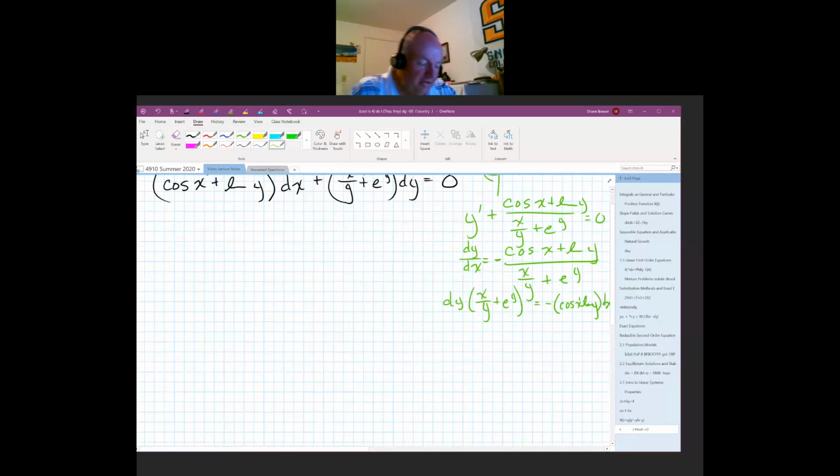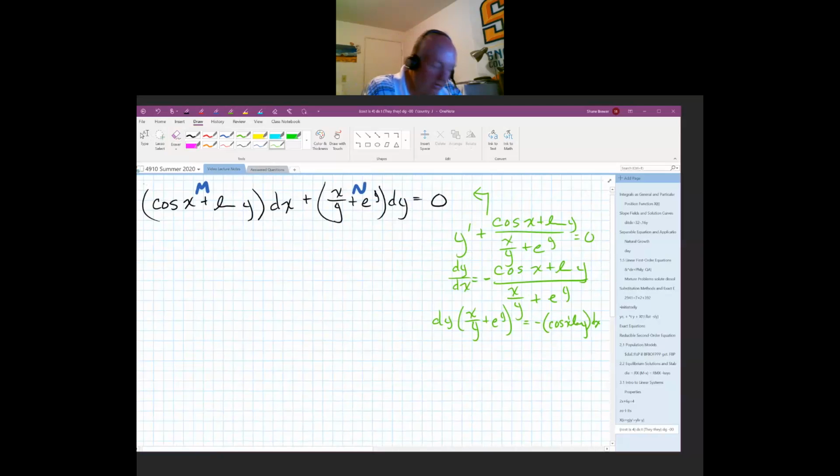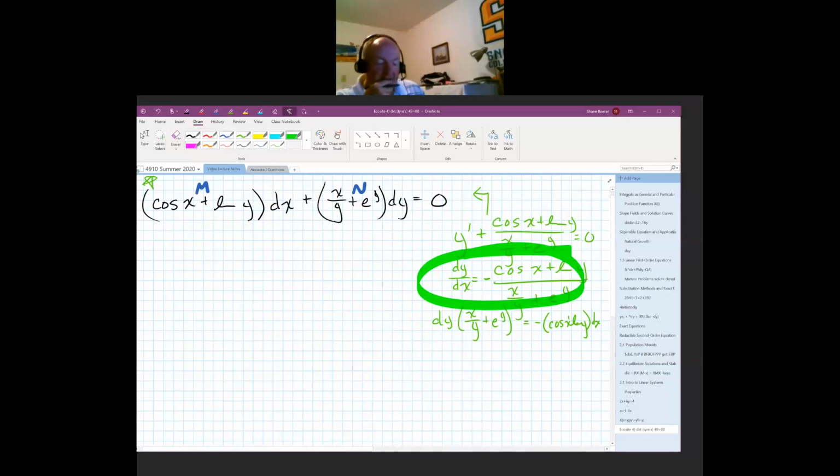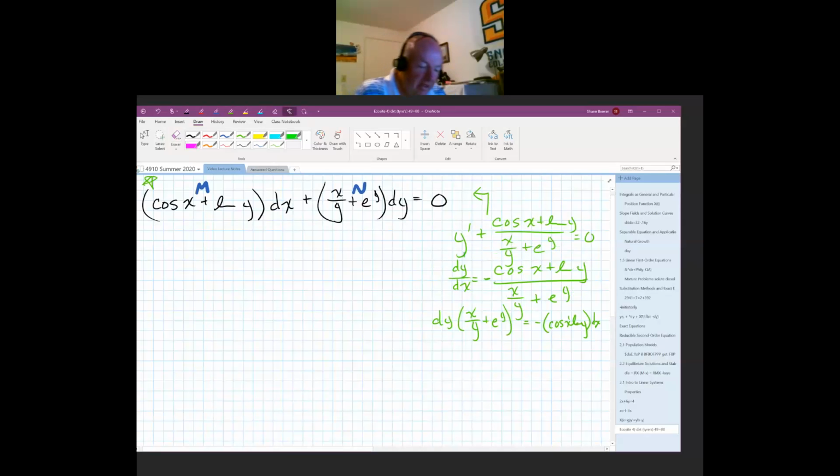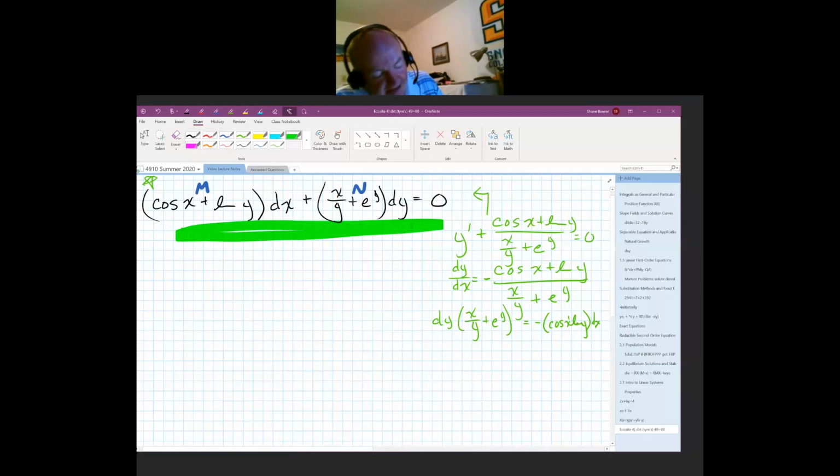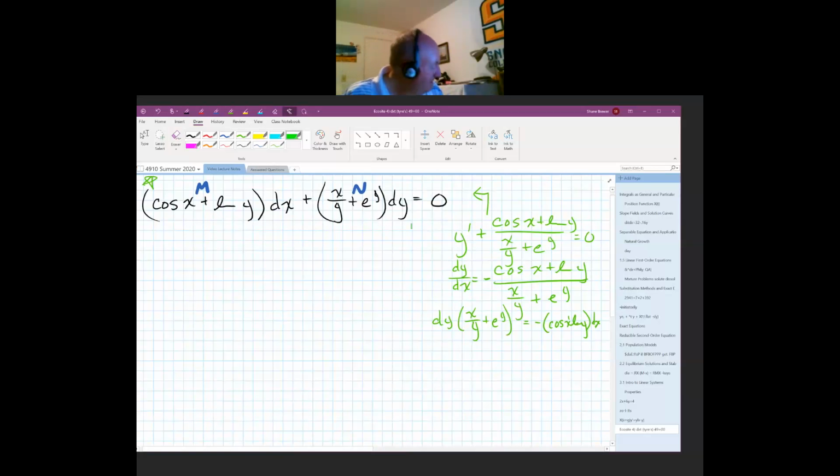And then I can move that over, and all of a sudden we're right here. The reason I tell you that is because sometimes you'll see an equation that looks like this, and it can be rewritten to fit the pattern for the exact equation. Not a problem here because they already give it to us, but sometimes you'll see them like that.